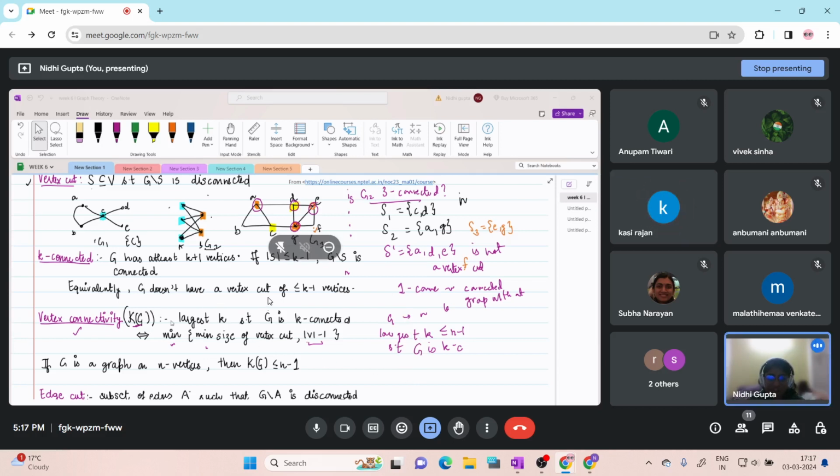So we see G2 is 1-connected, G2 is 2-connected, but G2 is not 3-connected, because if we remove 2 orange vertices, this graph becomes disconnected. So the largest k for which G2 is k-connected is 2. Therefore the vertex connectivity of G2 is 2.